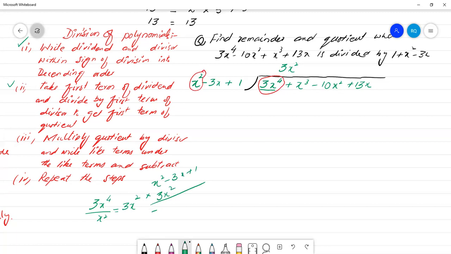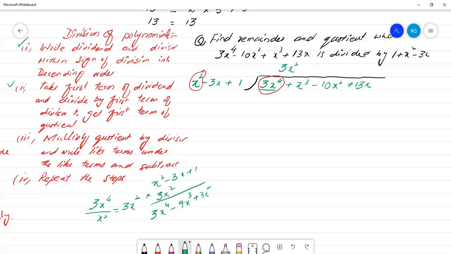You will get 3x raised to power 4 minus 9x raised to power 3 plus 3x square. Is it clear, beta? Check it. 3x square multiplied by x square gives 3x raised to power 4. 3x square multiplied by minus 3x gives minus 9x cube. And 3x square multiplied by 1 gives 3x square.